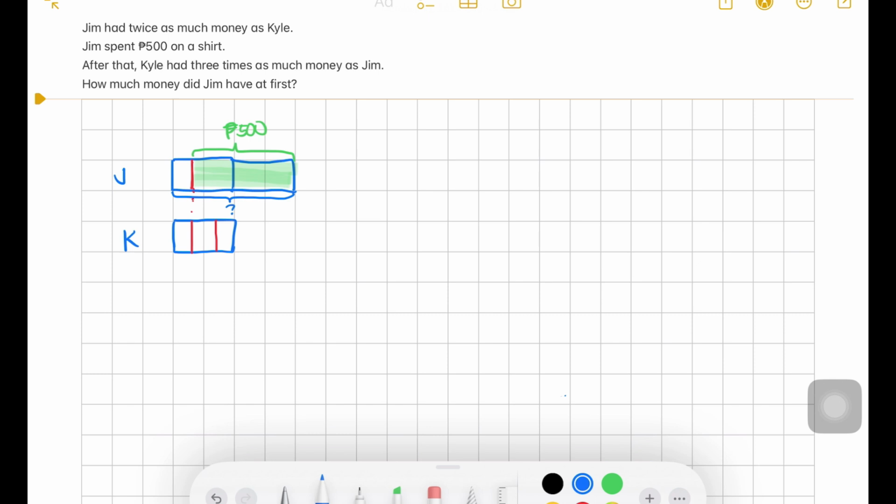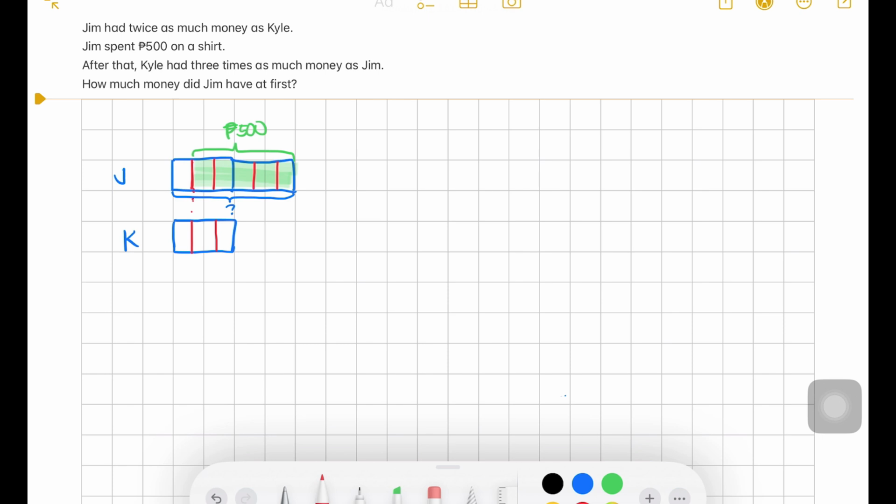And as you can see, we don't have the same sizes of units. So the best way to deal with this is to make them all look equal. So let's try to make them all smaller units. So if one big unit earlier was split into three, let's try to split the rest of Jim's bar into three equal units.